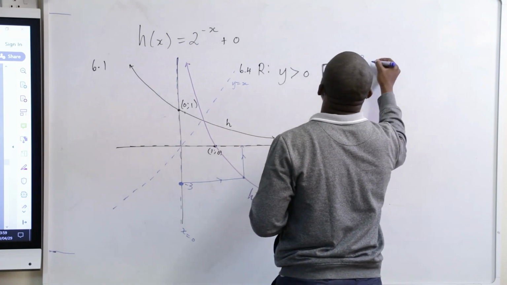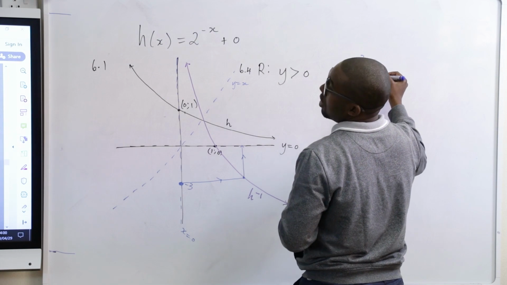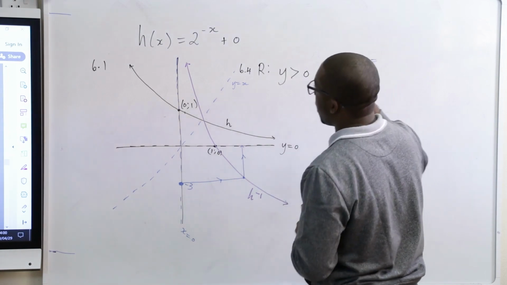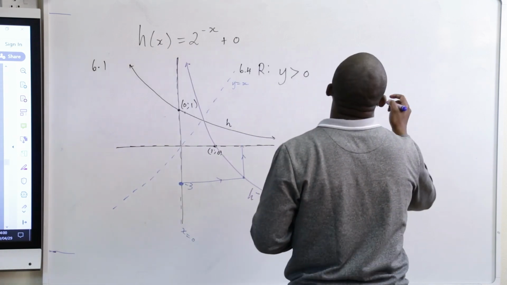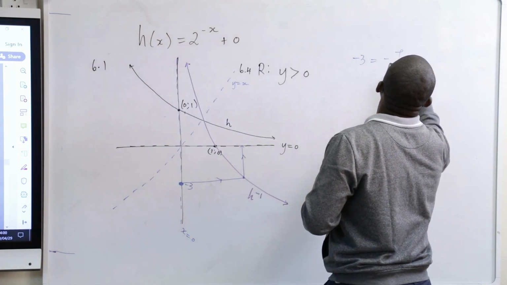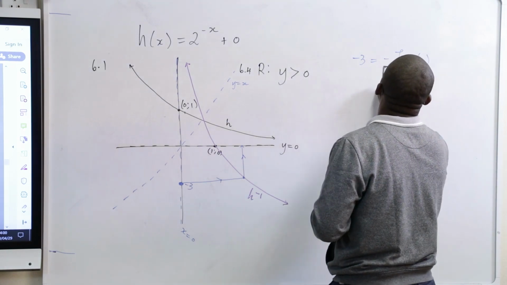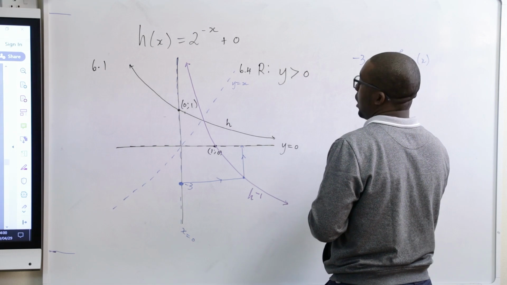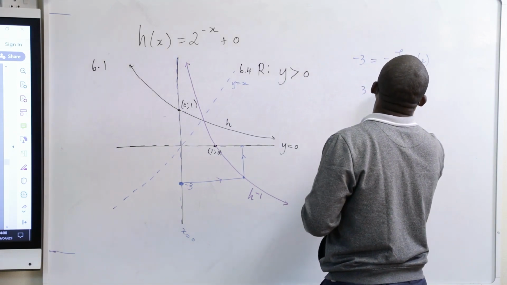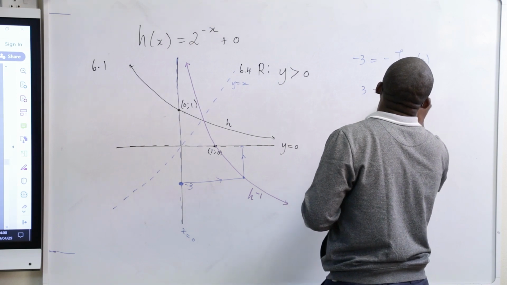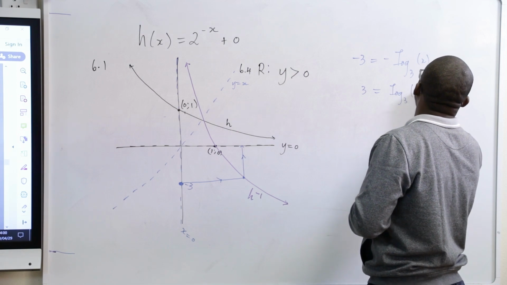So minus 3 is equal to, what was the inverse? The inverse was minus log to base 3 of x. So I start by dividing both sides by that minus, and I will get 3 is equals to log to base 3 of x.